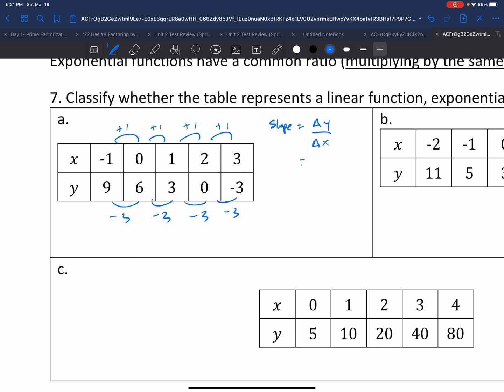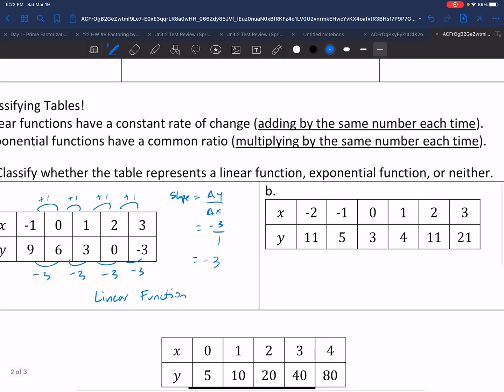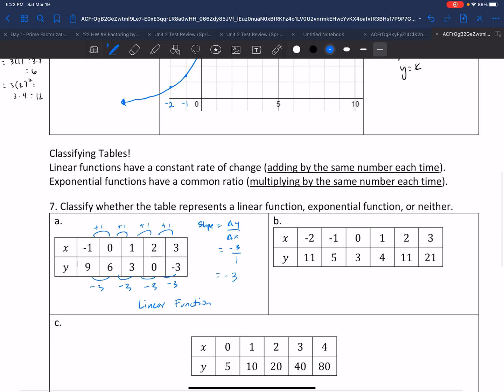So you can rewrite that as -3 over 1. Your slope is -3. So what does this indicate? Subtracting is the same thing as adding, plus -3, plus -3, plus -3, right? So that means you're dealing with a linear function, because you are adding by the same number, or in this case, subtracting by the same number. So that's indeed a linear function.